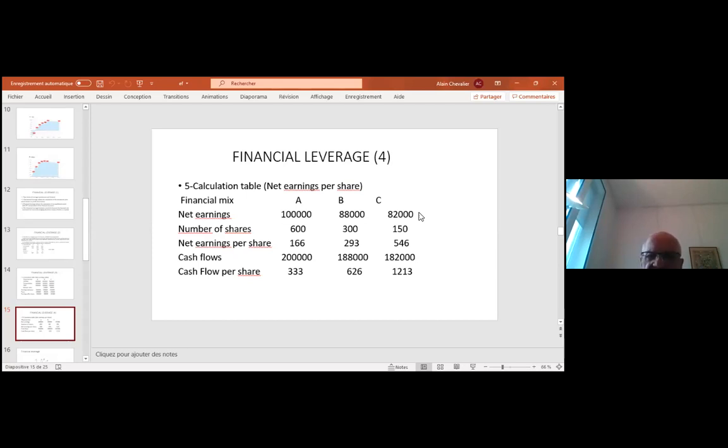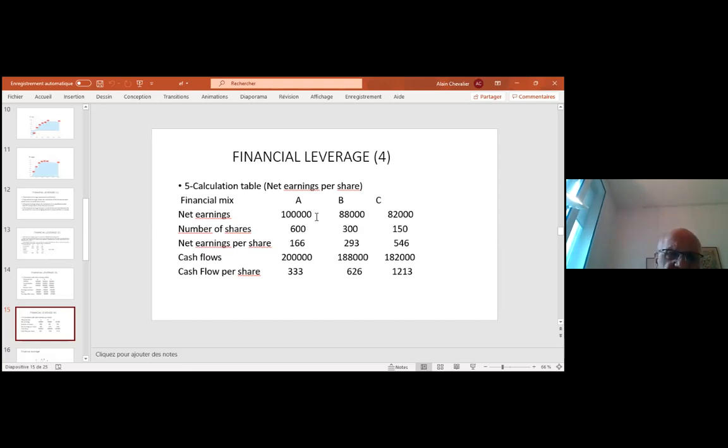Now, if you have a look at the cash flows, or at least a proxy of a cash flow, you can come back to my table on the cash flow, which is more detailed than this one. It is calculated here as the total of net earnings plus the depreciation and amortization. You have 100,000 net earnings in case A, plus depreciation, which is 100,000. And the total here is 200,000.